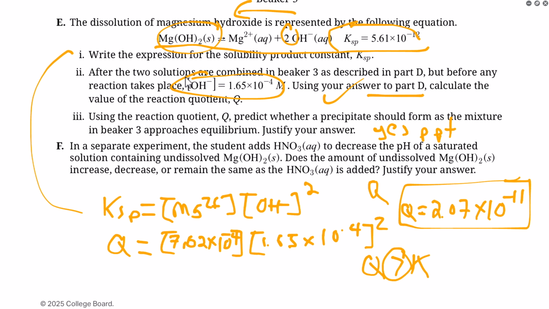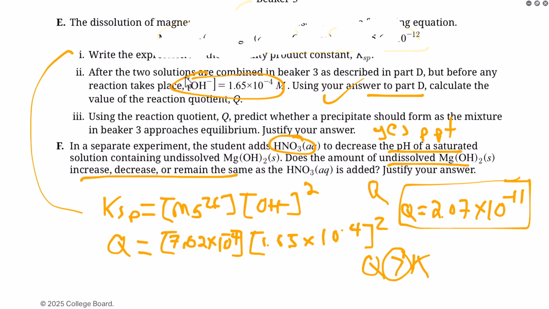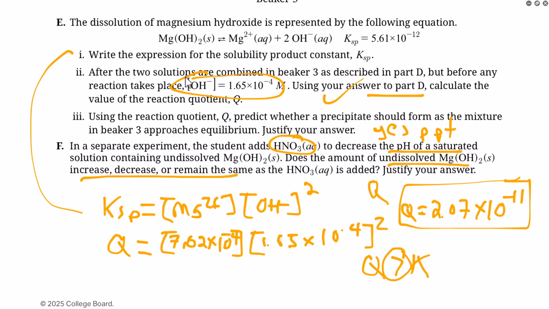The last question here says that in a separate experiment, the student adds HNO3 to decrease the pH of a saturated solution. Does the amount of undissolved Mg(OH)2 increase, decrease, or remain the same? So if we think about this from an equilibrium standpoint, I'm going to go and get rid of this information up here. Adding in HNO3 is a strong acid, and so that contributes a lot of H3O plus to our solution.